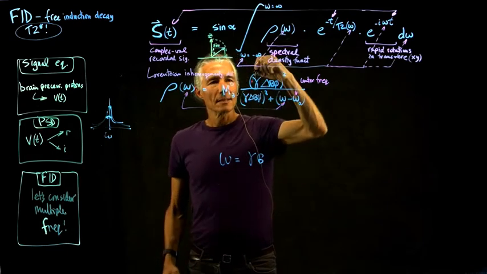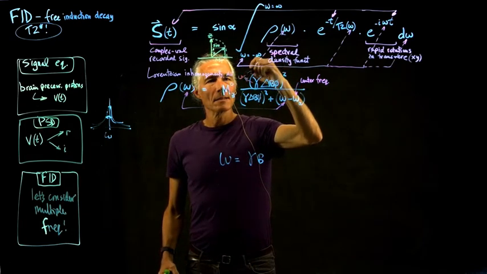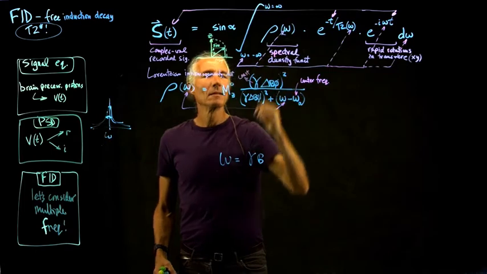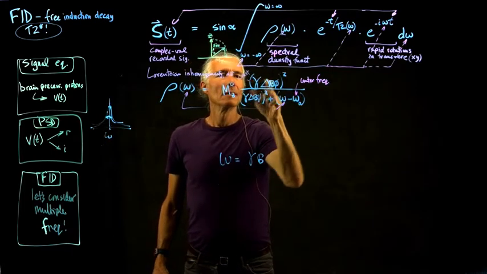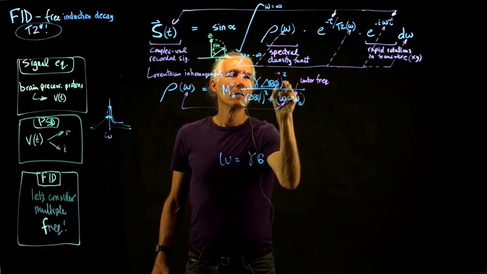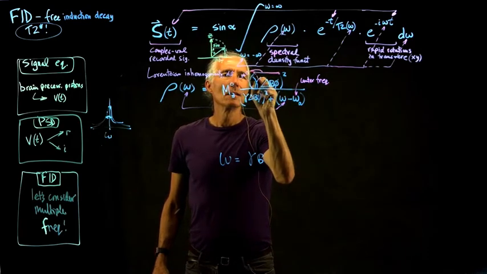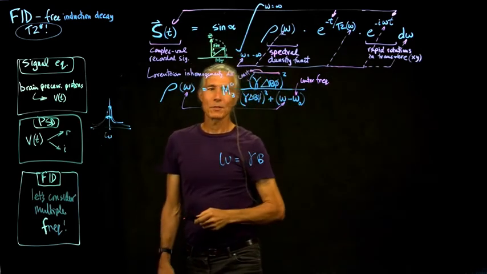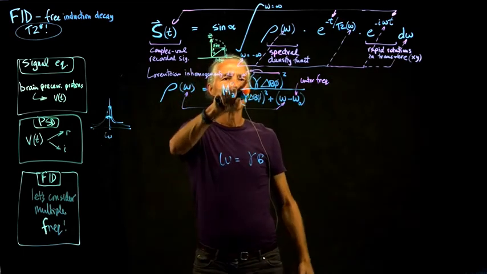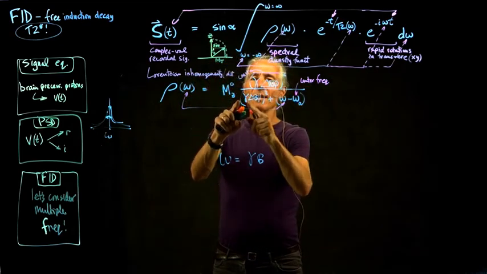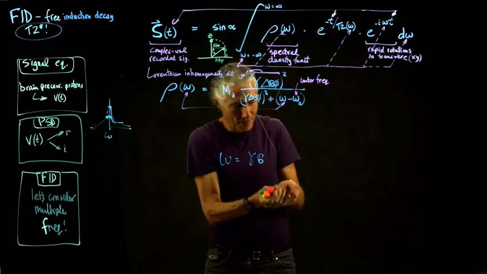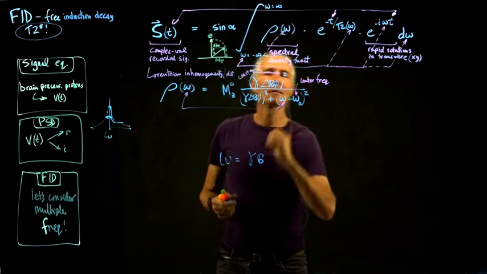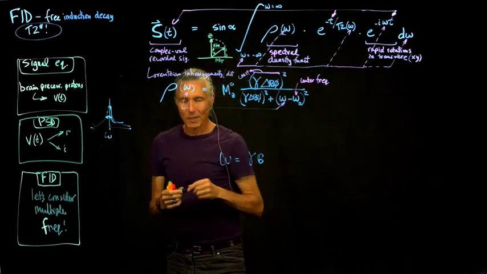This whole thing is a constant. So you basically have a constant over a constant plus something squared. And so that's the basic equation.